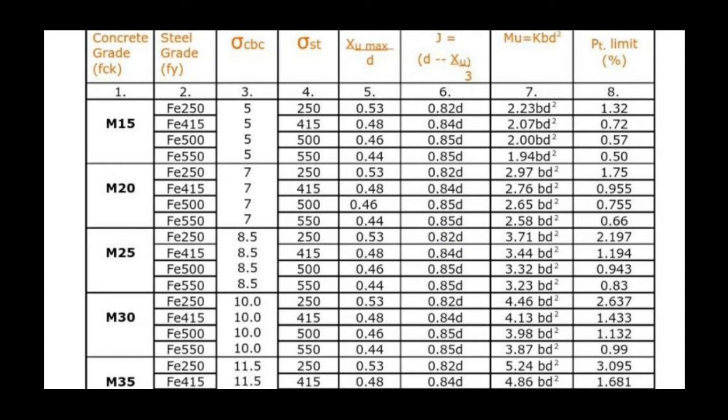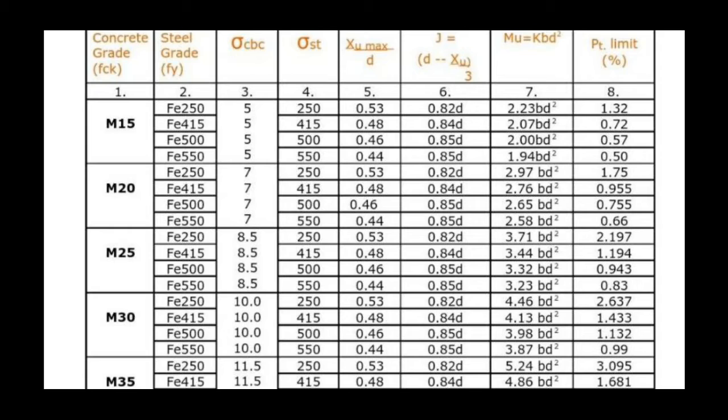Say for M20 concrete and Fe 415 steel, the value of Xu max by d is 0.48 and value of K or Ru is 2.76. Here it is written after calculation. If you calculate the value with the formula which I have shown you, which you can find from Annex G of IS 456 2000, you will get exactly this value.